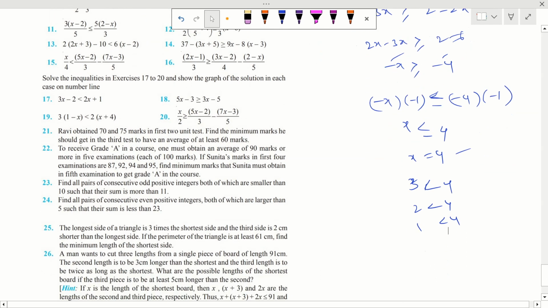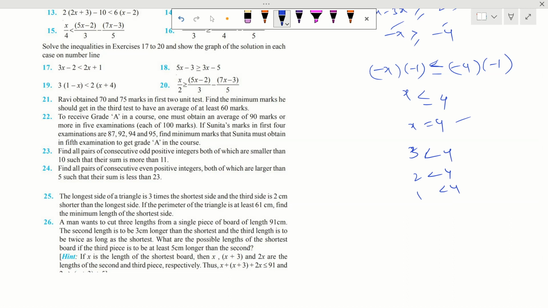Now all negative numbers will satisfy this equation, and 0 is less than 4, minus 1 too. Therefore I can write here minus infinity, and it goes on continuously up to 4, where equal to 4 is given, so here I can use a closed interval. Minus infinity to 4 is the solution of this equation.